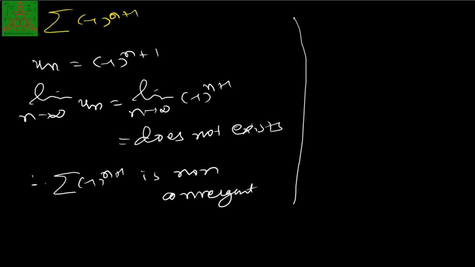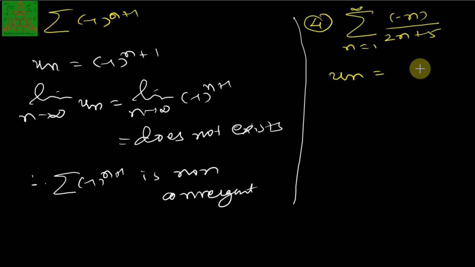Let us take one more example. The fourth one, summation of minus n upon 2n plus 5, n running from 1 to infinity. Here un is minus n upon 2n plus 5.